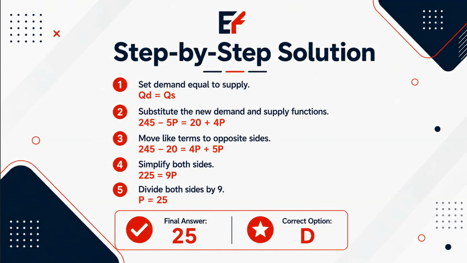So 225 equals 9p. Divide both sides by 9, and the price is 25. Option D is correct. Option A, Option B, and Option C are too low because they do not balance the new demand function with supply. The key is to use the new demand equation after advertising, not the original one.